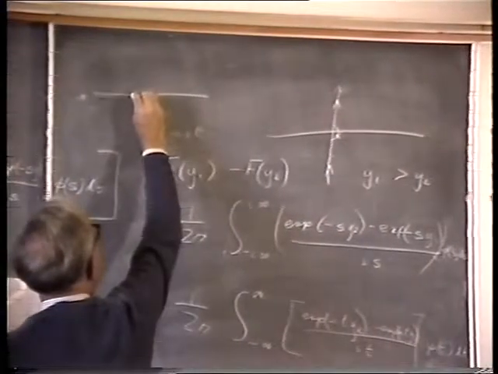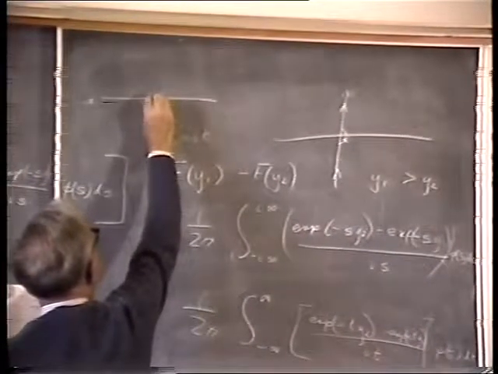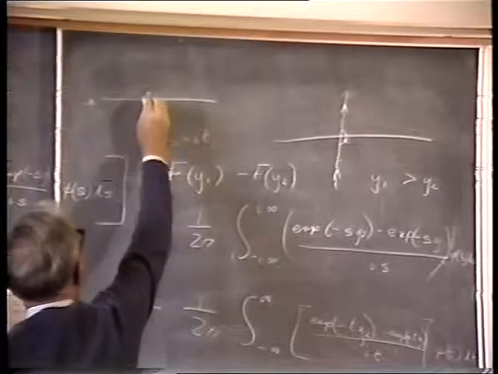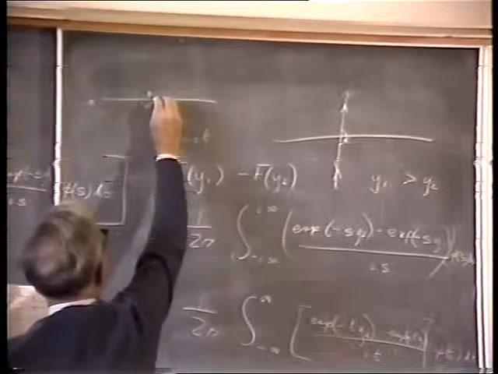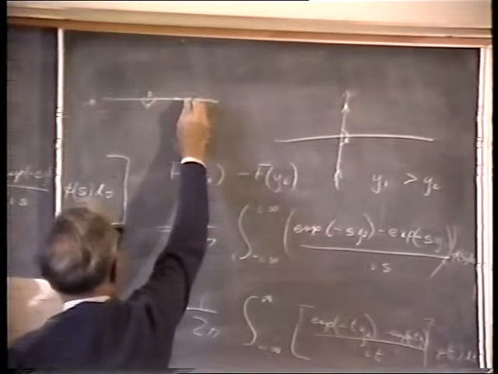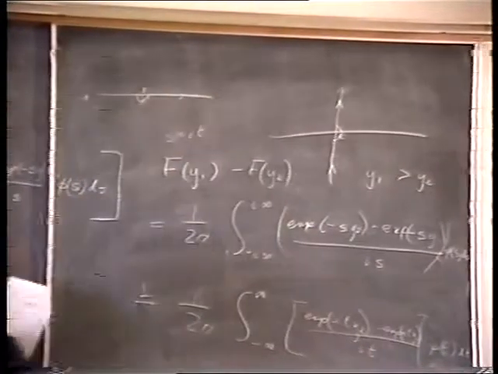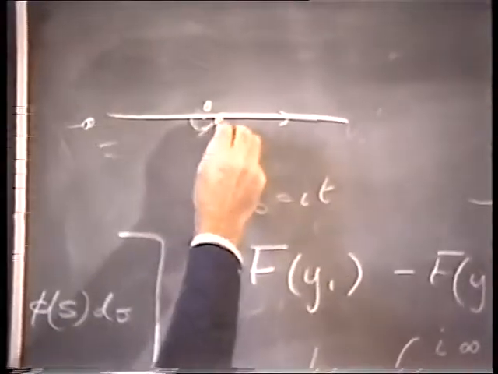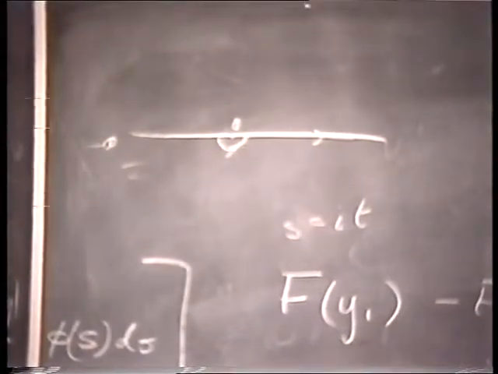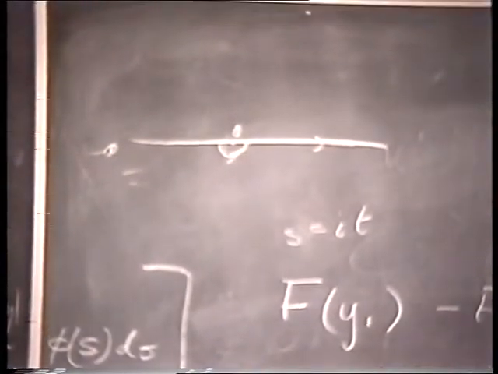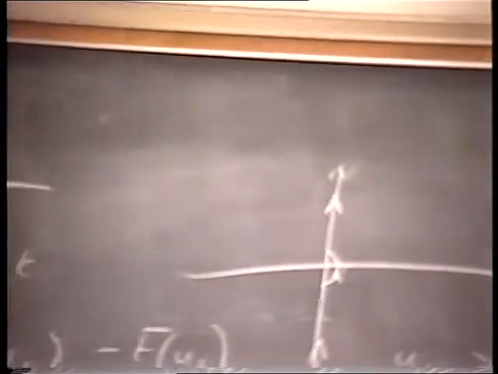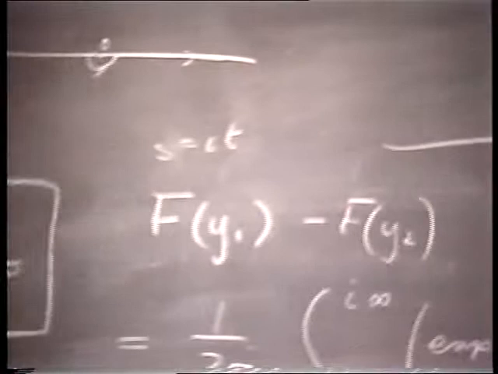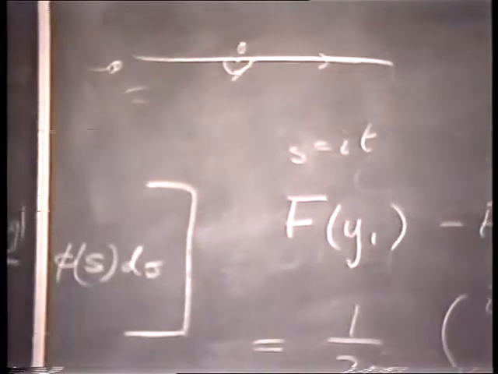We're going under the origin in a positive direction, and then in effect we're going in a backwards direction around the origin, and at the same time we're then picking up at delta going to plus infinity. We split our integration up into these three parts.